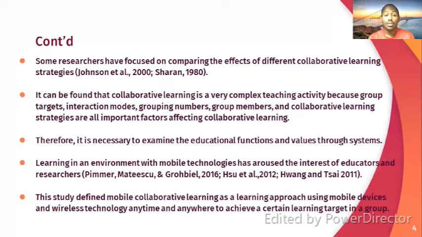So it can be found that collaborative learning is a very complex teaching activity, because group targets, interaction modes, grouping numbers, group members, and collaborative learning strategies are all important factors affecting collaborative learning. Therefore, it is necessary to examine the educational functions and values through systematic review.